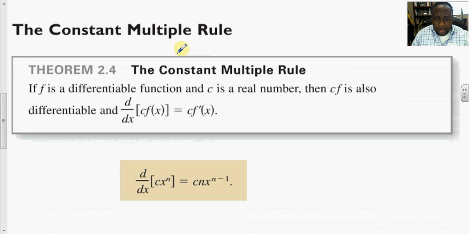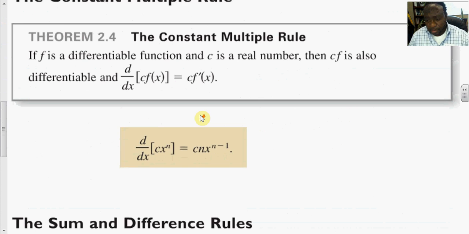The constant multiple rule: if you have a constant multiplied by a function, the derivative is simply the constant, which is factored out, times the derivative of the function.